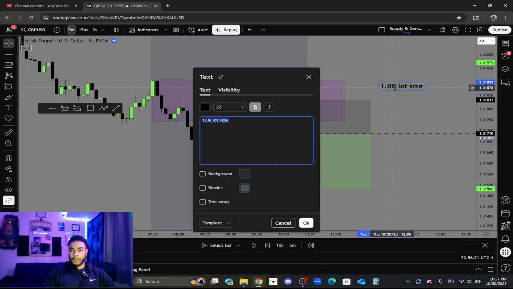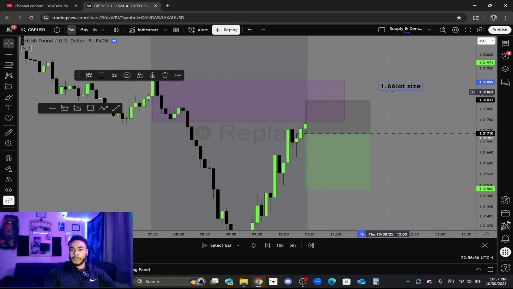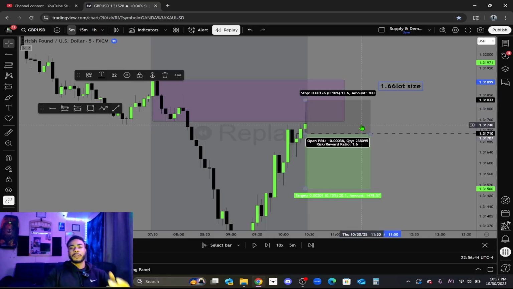So it's going to be a 1.66 lot size to be risking $200 with a 12 pip stop loss.